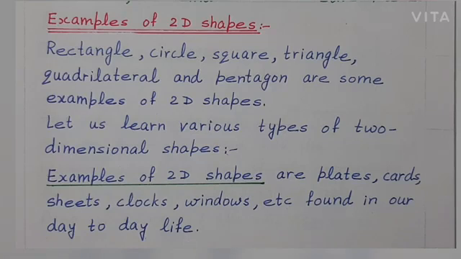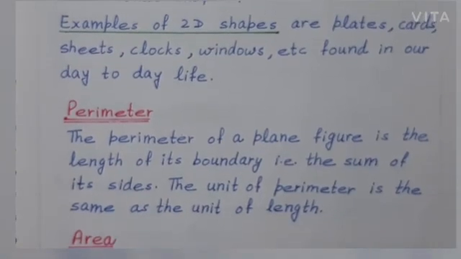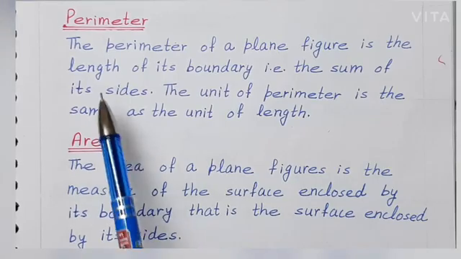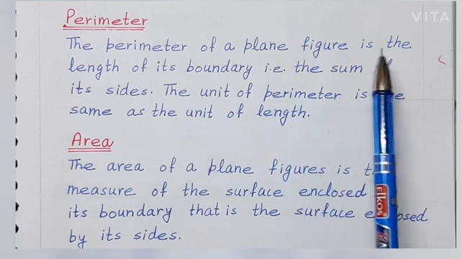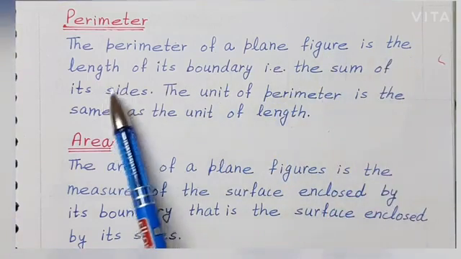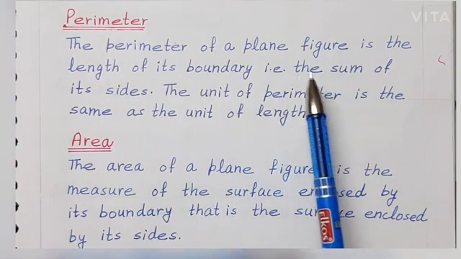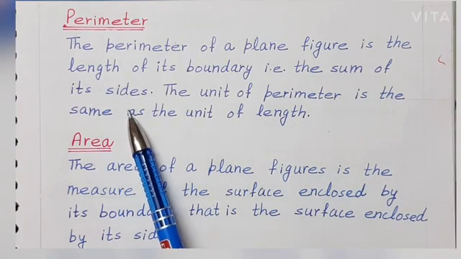Now students, let us discuss perimeter and area of two-dimensional shapes. First of all, let us see what is a perimeter. The perimeter of a plane figure is the length of its boundary, that is, the sum of its sides.